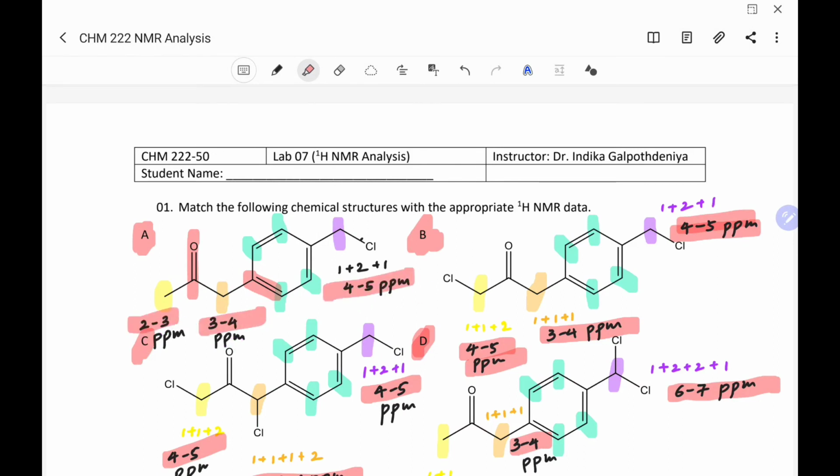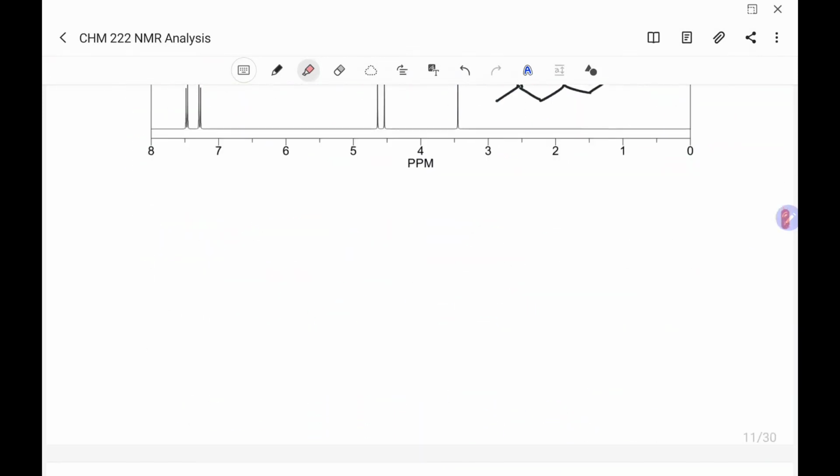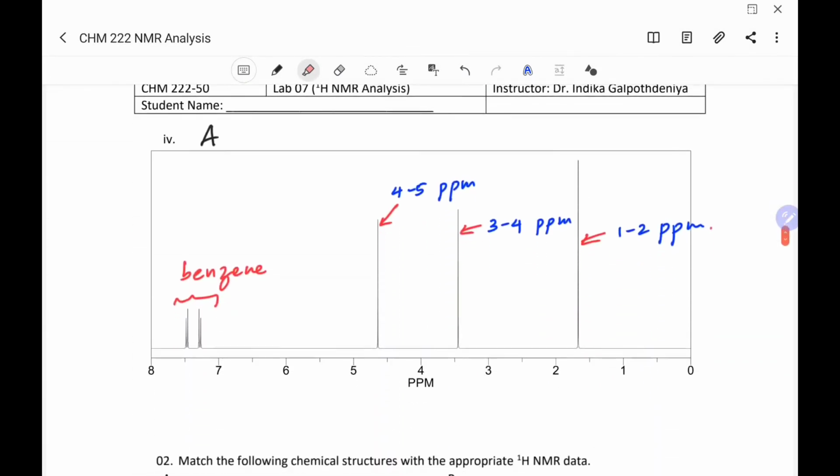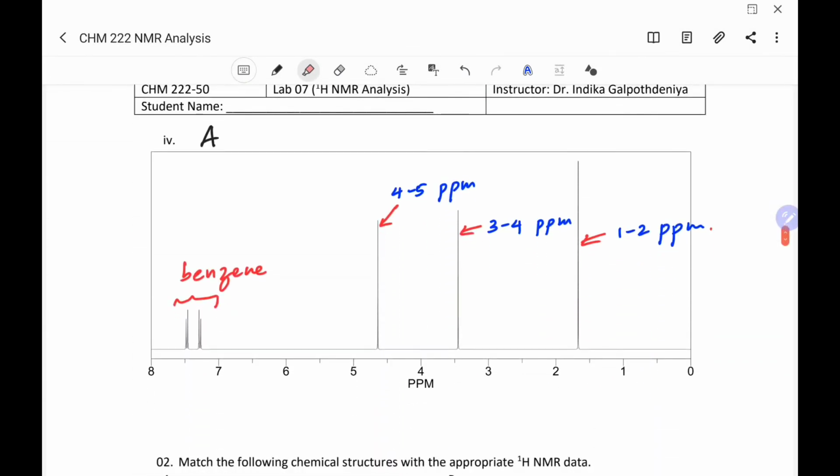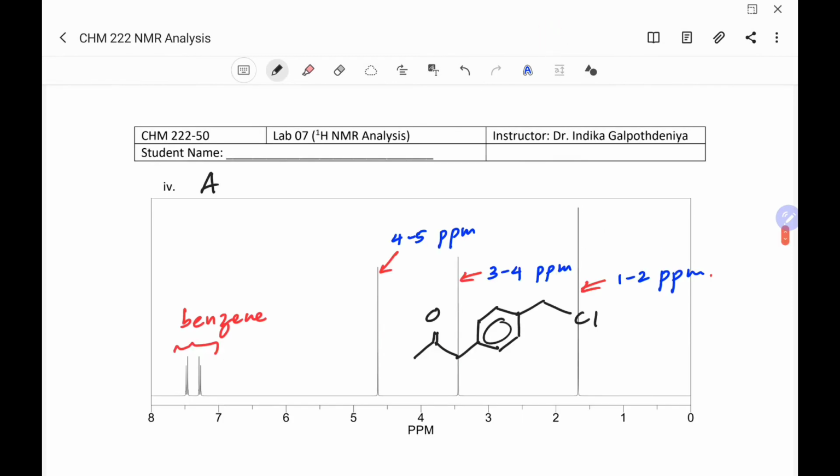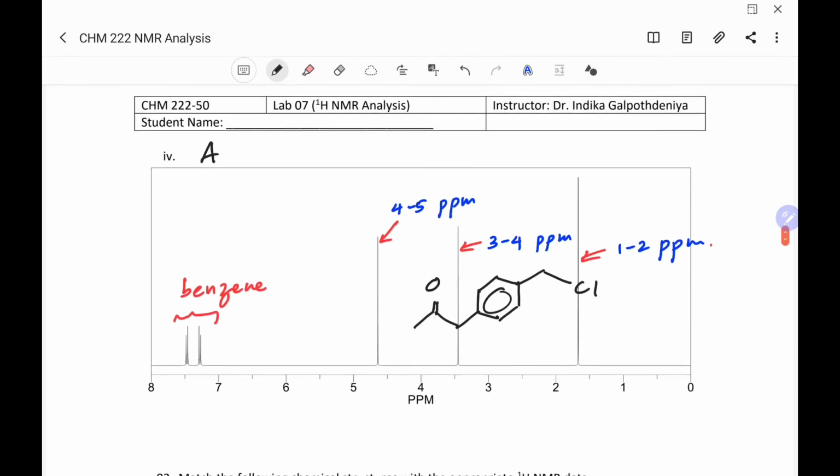This peak is actually in your NMR at 1 to 2. In both these cases, D and A, we saw the same thing, but the other two peaks match, 3 to 4 and 4 to 5. All right, so the structure is A.